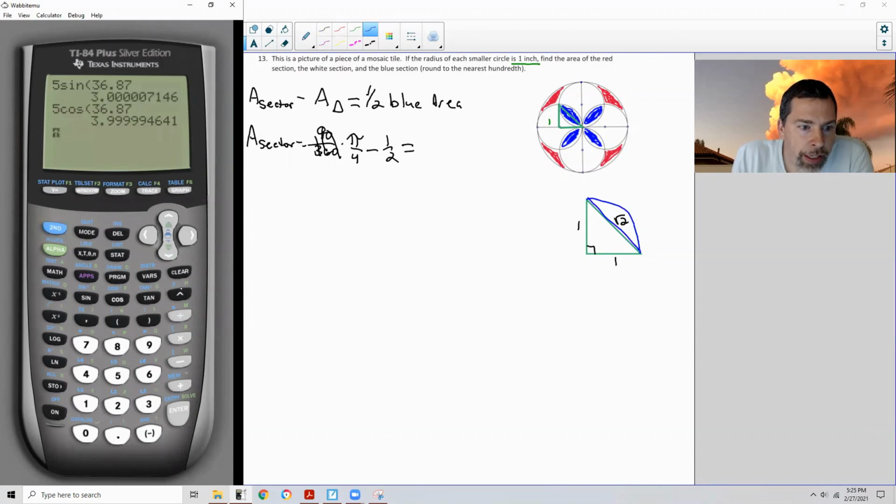So pi divided by 4, enter, minus 0.5, enter, and that is 0.285398. But there's another one on the other side because that's only half of it. So I'm going to multiply that by 2, and that's going to give me 1 blue one, so I got 0.5707.